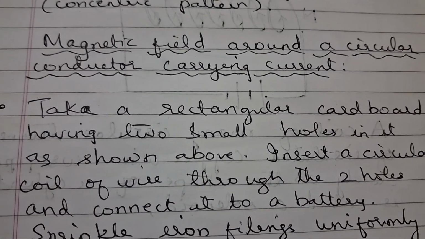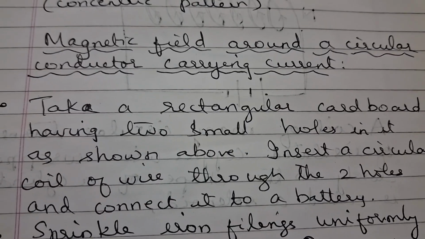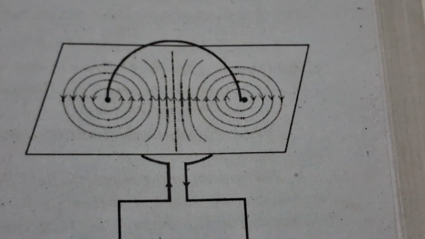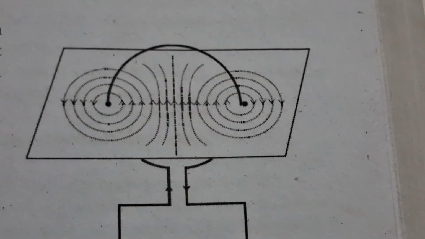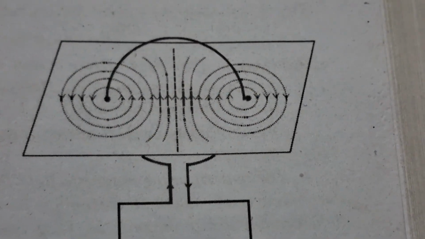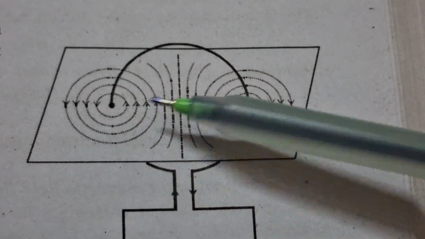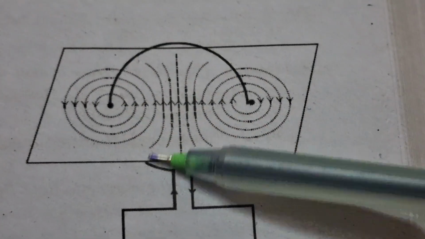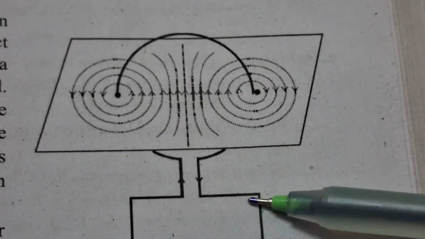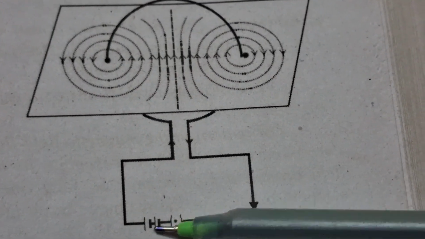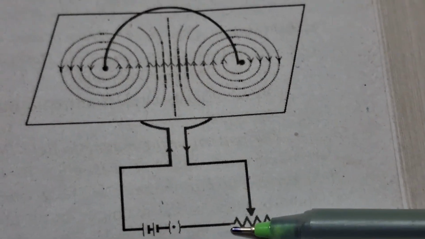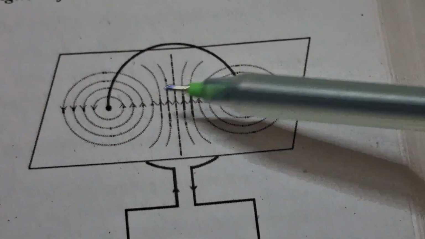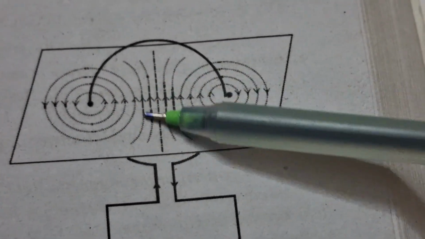The next experiment is the magnetic field around a circular conductor carrying current. For this experiment, you take a rectangular cardboard and make two small holes in it. You insert a metallic conductor, connect it to the plug and a battery, switch on the battery, and sprinkle a little iron filings on the cardboard.